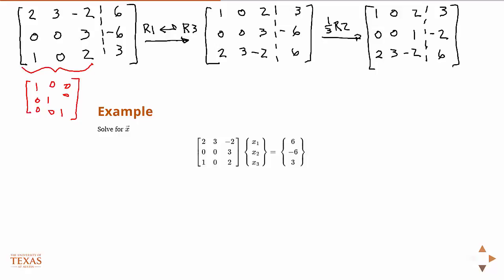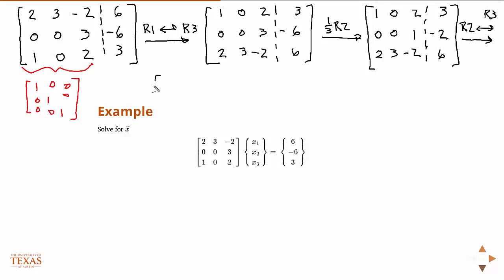Okay? Now you can see if I swap row 2 and 3, then I'll have a 1 on the diagonal again, where I want it. So I'm going to swap rows 2 and 3.